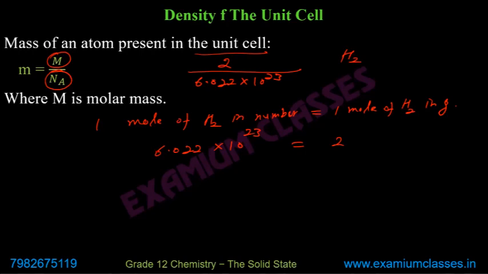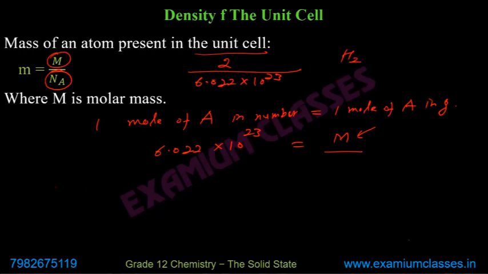So if I want to calculate the mass of one molecule, it will be 2 divided by this. But if I am talking about atoms, it will be 1 mole of A in number, 1 mole of A in grams. So 1 mole of A in grams will be equal to the molar mass, divided by 6.022 into 10 to the power 23. That will be the mass of one atom. Why?